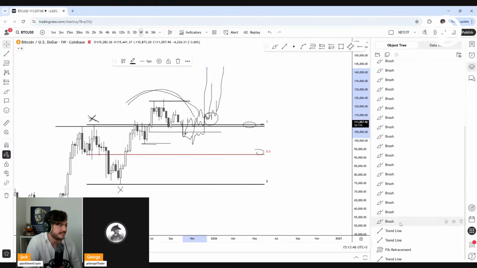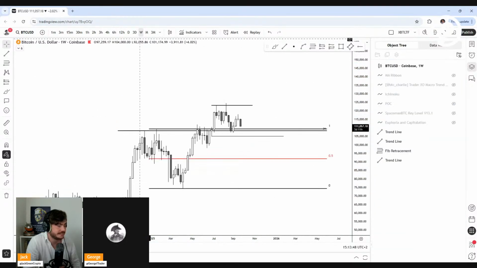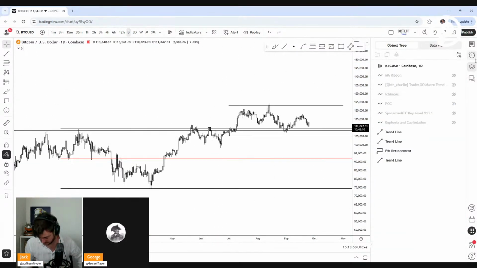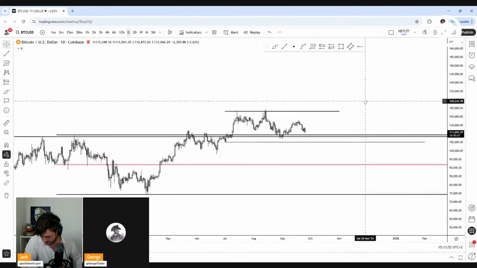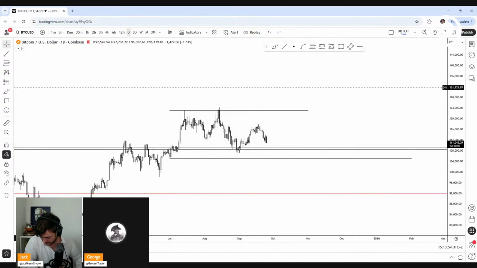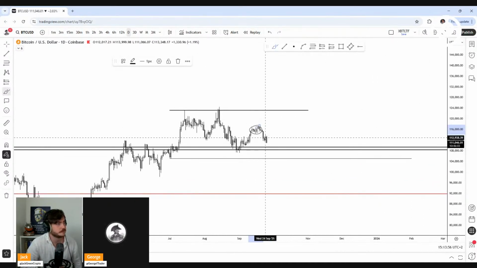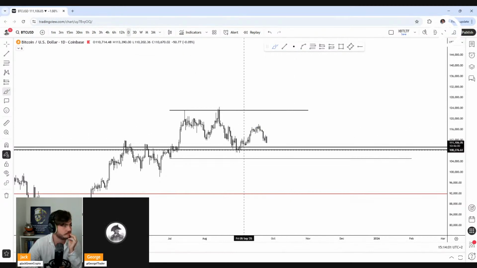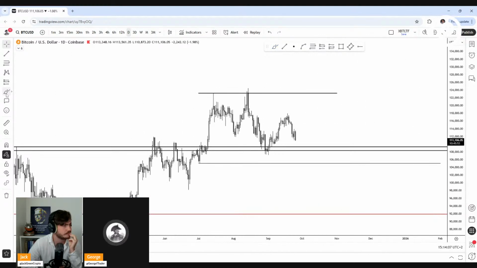Just want to say one more thing on the daily. So I personally shorted up here. My entry wasn't the best, but the idea on why I shorted this is, I think, pretty clear, because the invalidation above this level was so clean.